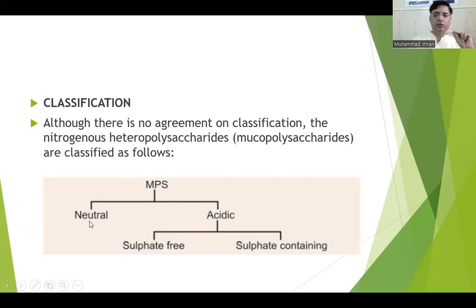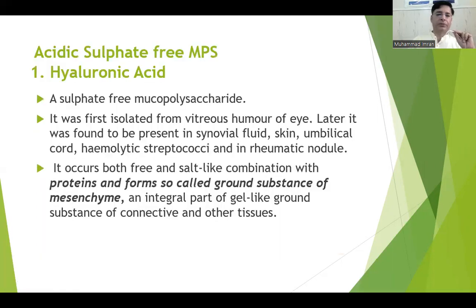Neutral ones are mostly present in blood cells and the cell wall of bacteria or some other microbes. One of the most abundant heteropolysaccharides is hyaluronic acid. It has many uses. It is used as a lubricating agent in your joints.